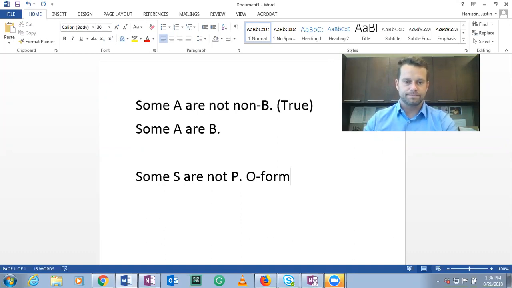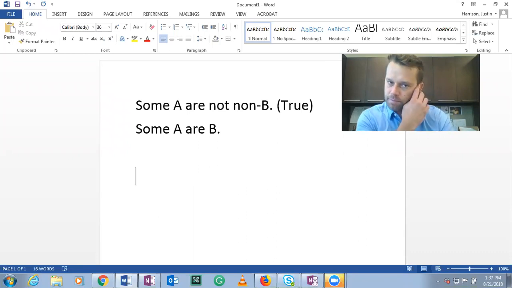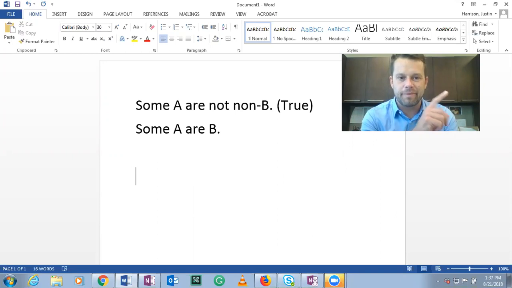So we have some A are not non-B. We know that's an O form statement. And now we need to figure out how to get some A are B from that. Now you should recognize right away that we haven't flipped the subject and predicate classes. And remember, two of the three forms here require that we flip subjects and predicates.